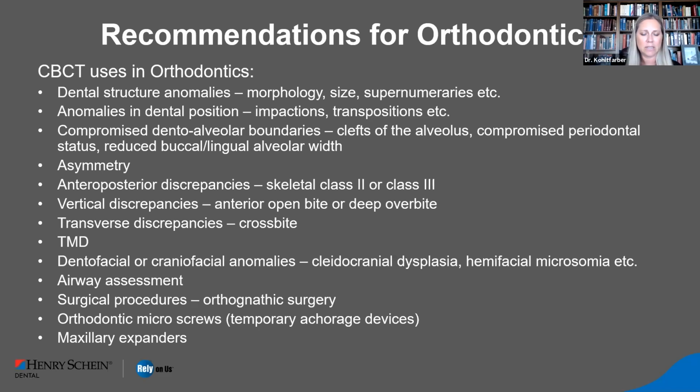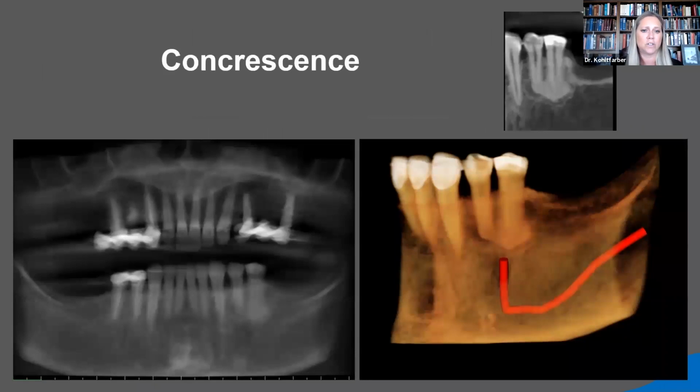Vertical discrepancies like anterior open bite, deep open bite, transverse discrepancies like your cross bites, temporomandibular joint disorders definitely falls under here as well. Any of your craniofacial abnormalities like your cleidocranial dysplasia, hemifacial microsomia, airway assessments, any type of surgical procedures. If you're placing your little temporary anchorage devices, your little micro screws, or maxillary expanders. So it just kind of gives you the justification for using it.